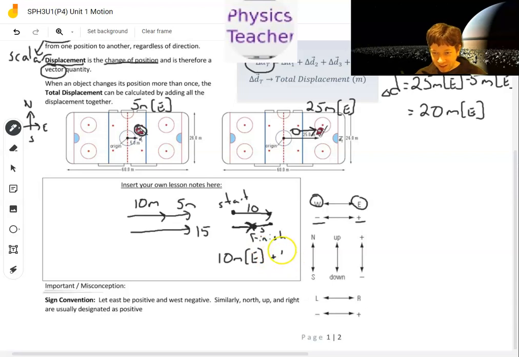But taking 5 meters east and adding 5 meters west, it looks like 10 plus 5 is not 5. I mean, it looks like, based on my diagram, you should get 5. That makes sense. But 10 plus 5 is 15. And here's the problem. When you're adding them algebraically, if they're not in the same direction, you cannot simply add them.